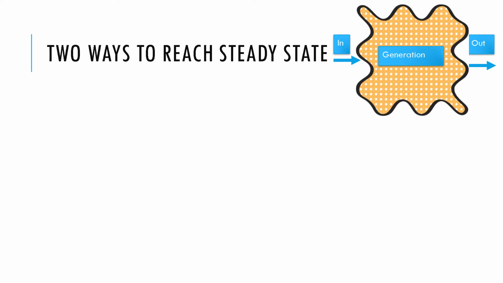I often give this kind of pathetic example: right now my body is in steady state with the surroundings, whereas if I were to die, then my body would reach equilibrium with the surroundings. So let's see what we mean by steady state.